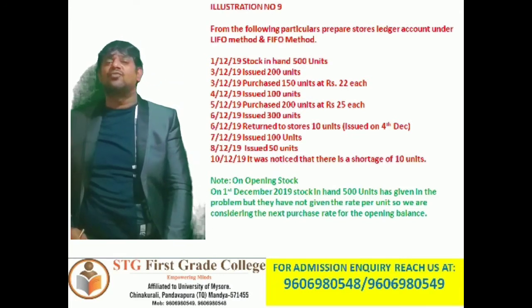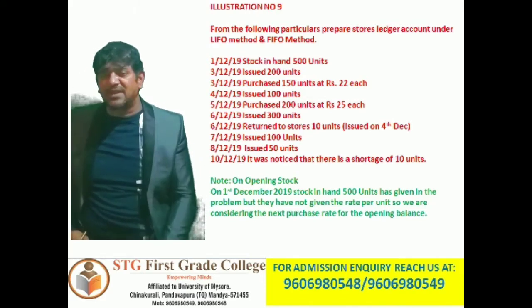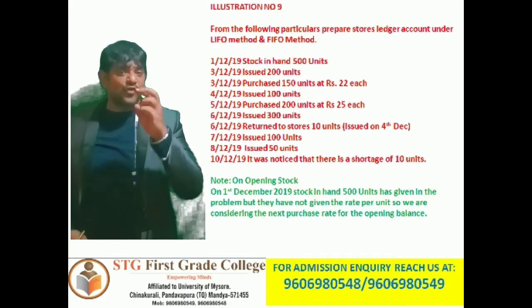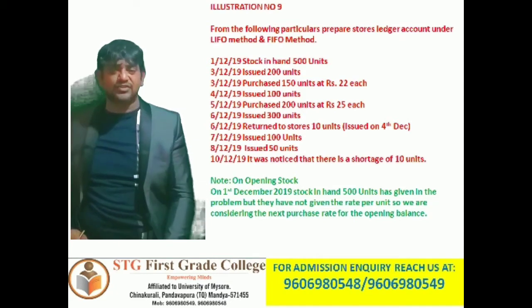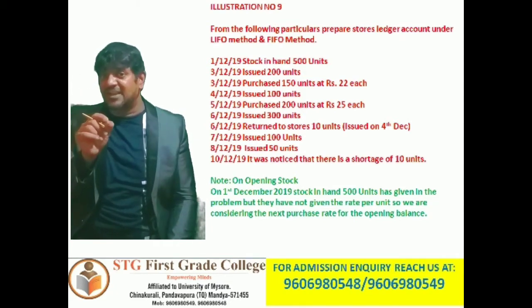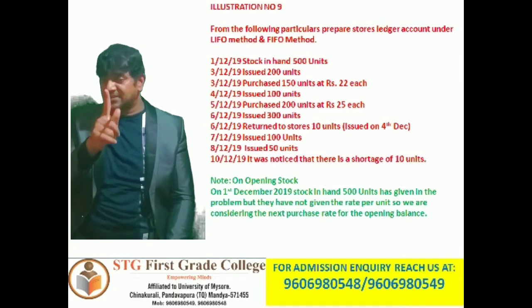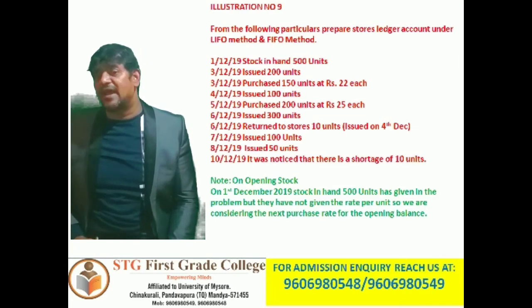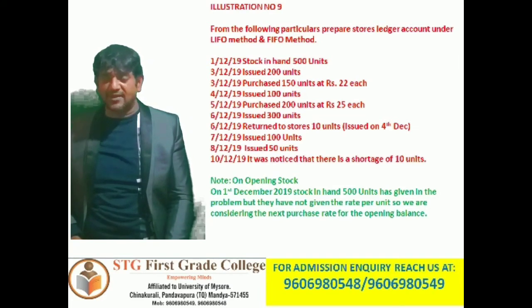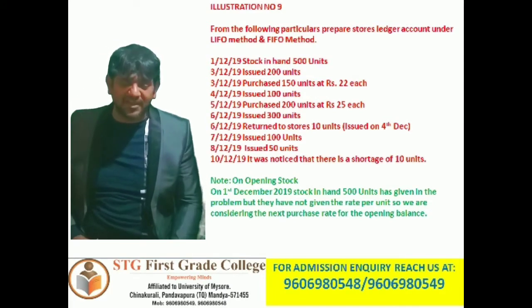Clear? So now, in this problem, we have 3 different circumstances, 3 different types of adjustments. Number 1, stock in hand 500 units, clear? For that I have given a separate note.